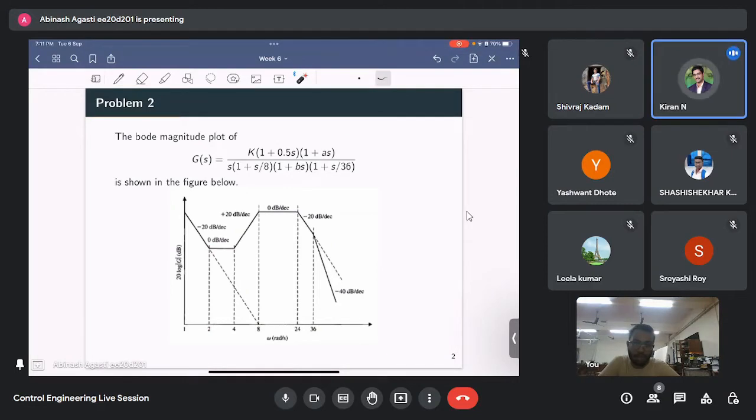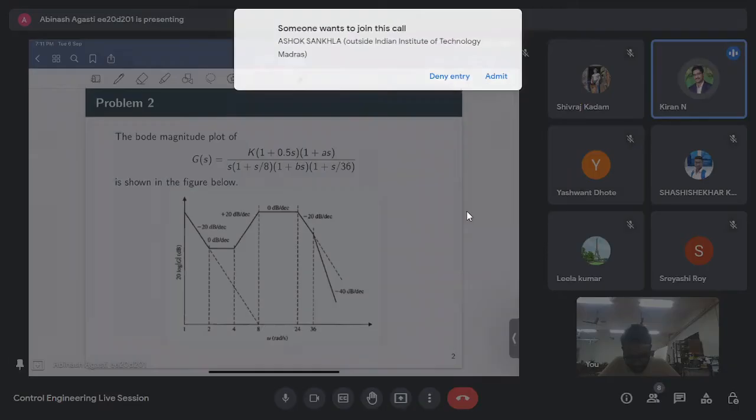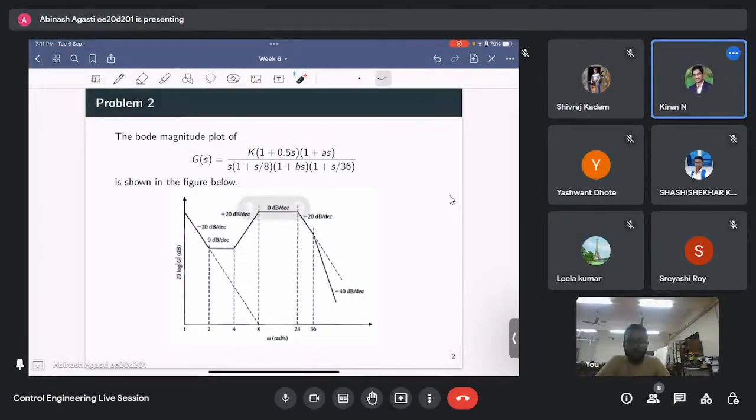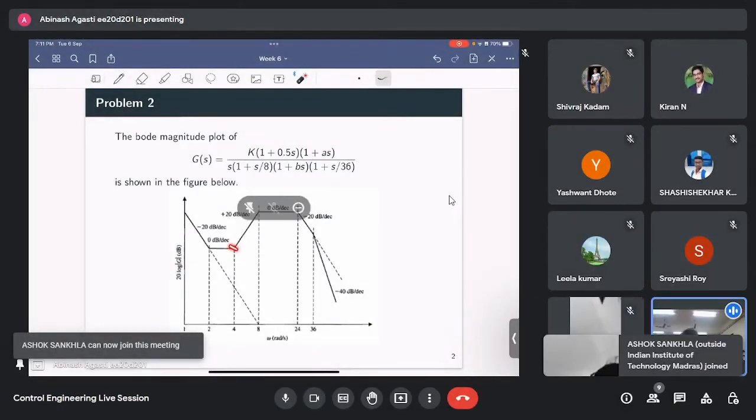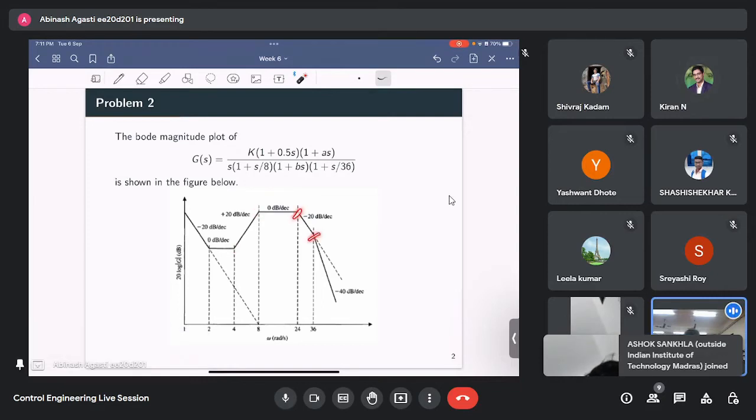Similarly, from 4 to 8, since the slope is 20 dB, again there is one zero at 4. Here we have one zero, here we have one pole, another pole, and the final pole.